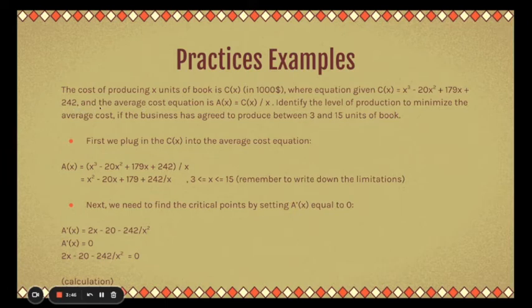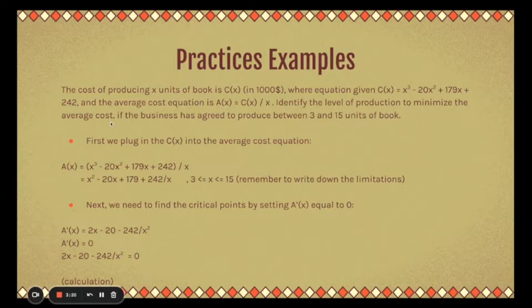And the average cost equation is A(x) equals C(x) divided by x. This will give us the average. So we want to identify the level of production to minimize the average cost if the business has agreed to produce between 3 and 15 units of books.